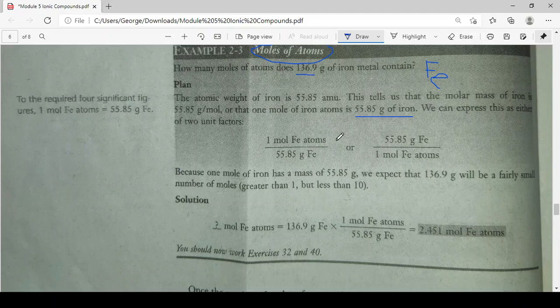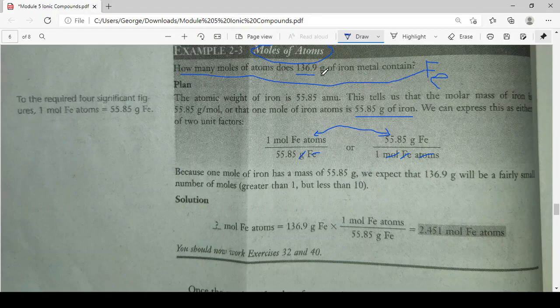Either 1 mole of your iron atoms is equal to 55.85 grams of iron, or 55.85 grams of iron is equal to 1 mole of your Fe atoms. Again, these can be used interchangeably depending on the situation, depending on what we want to cancel. We can use one if we want to cancel grams of Fe, or the other if we want to cancel 1 mole of your Fe atoms, depending on the question.